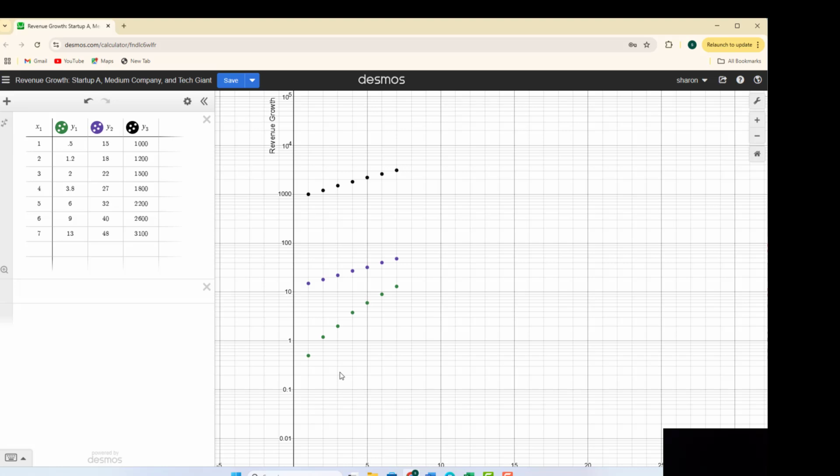We can see, for example, that startup, although it's had very little money compared to, say, tech giant, has had a very steep increase in growth rate compared to tech giant, which has a much more level area of growth. We would never be able to see and compare the differences in these 3 companies if we continued to look at them on a linear scale, right? By converting them to a logarithmic scale, it allows us to see and make comparisons.